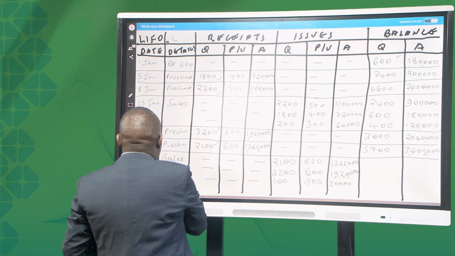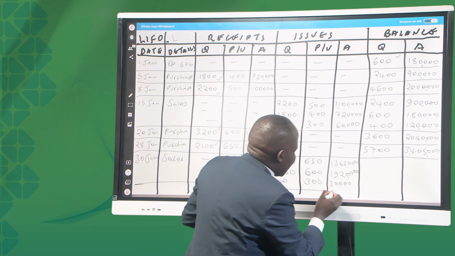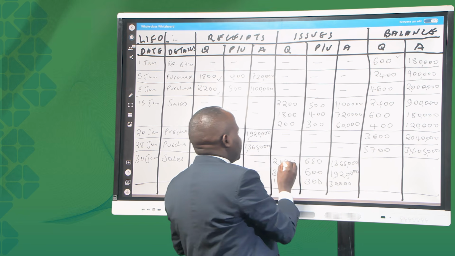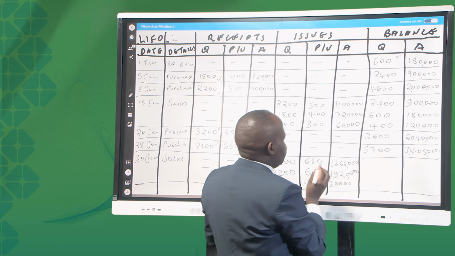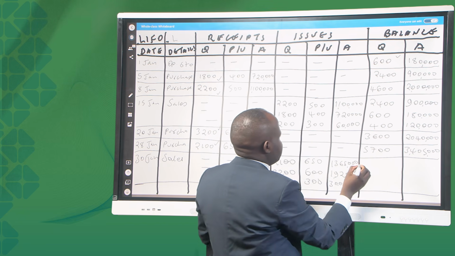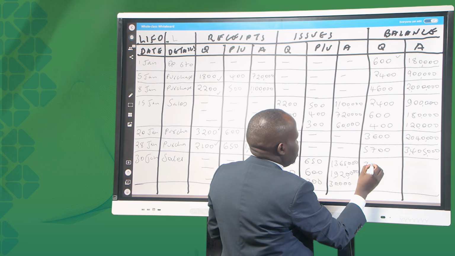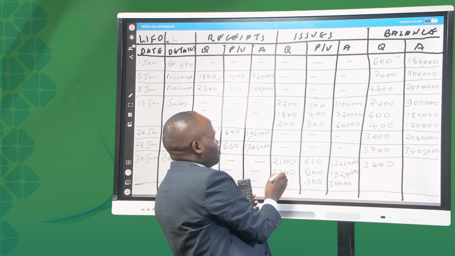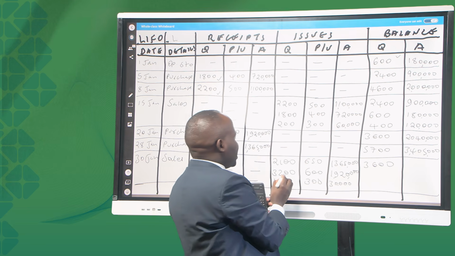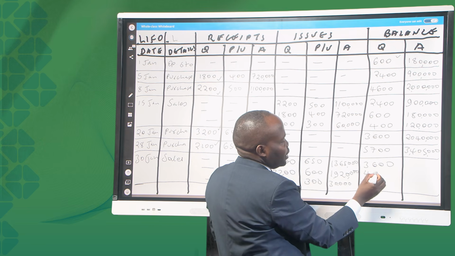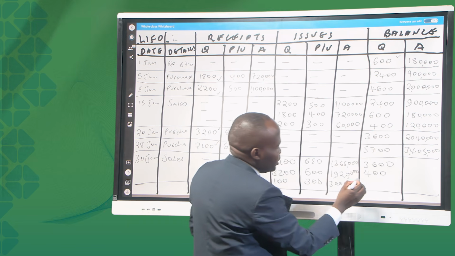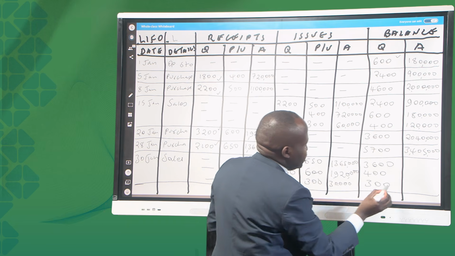Okay? So we need to get the balances so that we conclude on these. 5,700 minus 2,100 is 3,600. 3,600 minus 3,200 is 400. 400 minus 100 is 300.